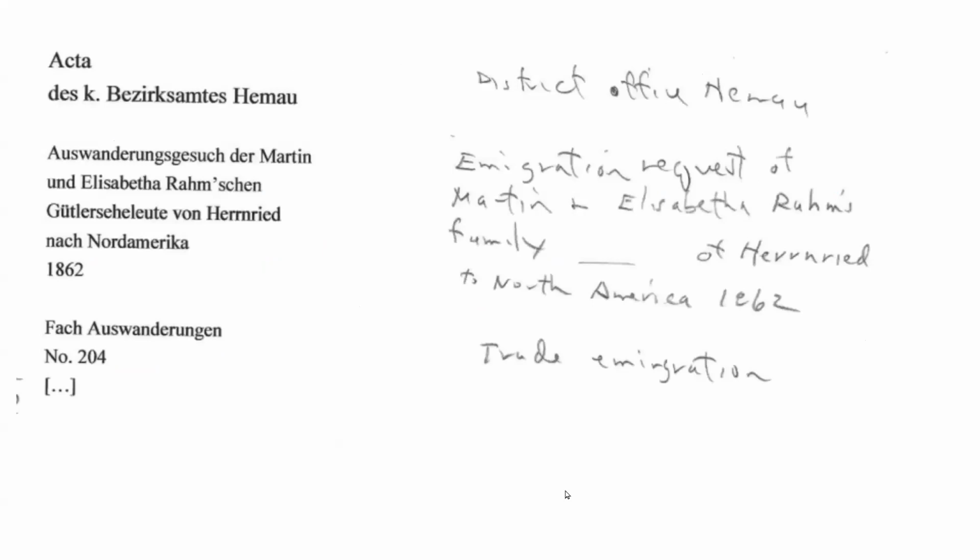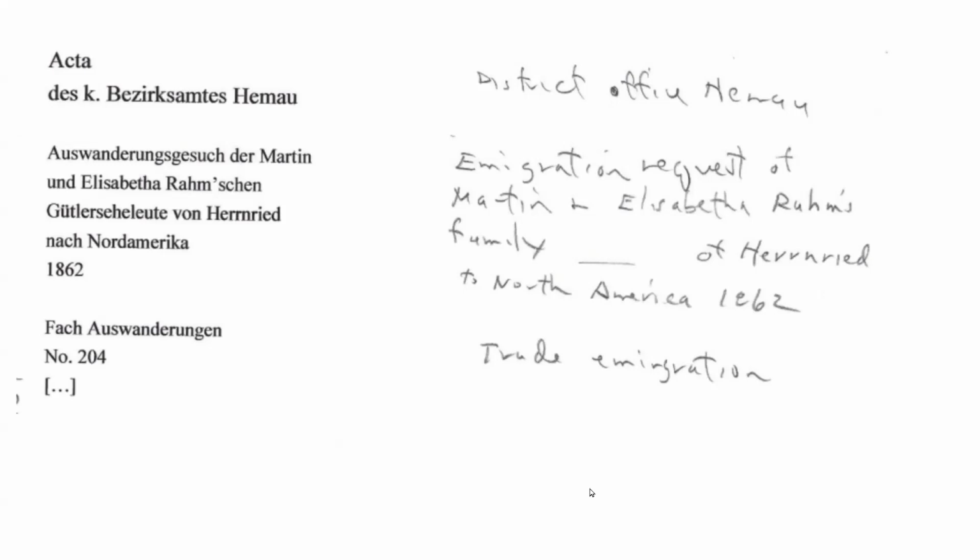And next slide, please. Now, I mentioned that when I contacted the state archives, they sent me back, I think it's about a dozen pages. And this is the beginning page, which shows, on the left is the German, on the right is my handwritten notes that I translated.